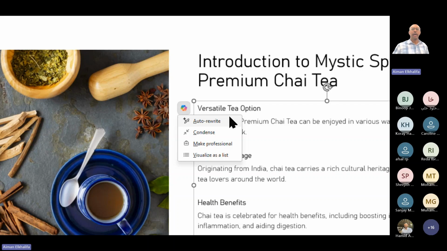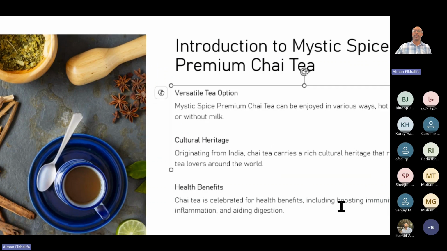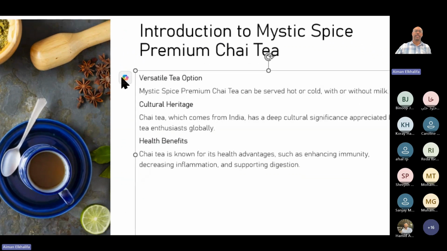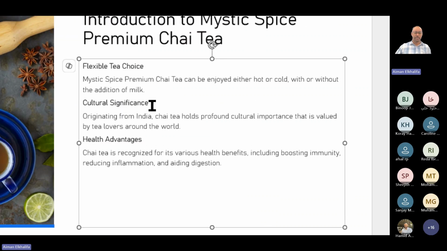I want to paraphrase it. I want to condense. I want to make it sound professional. I want to visualize it as a list. Yeah. So all these options are available. So make it condense. I click on it, and then Copilot will condense the content for me. Yeah. And make it sound more professional, and then Copilot will change the wording for me.